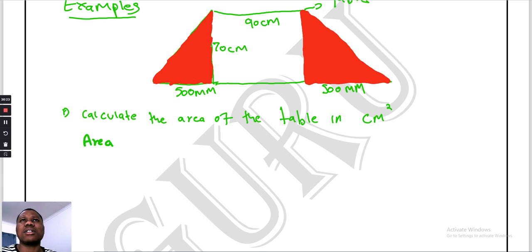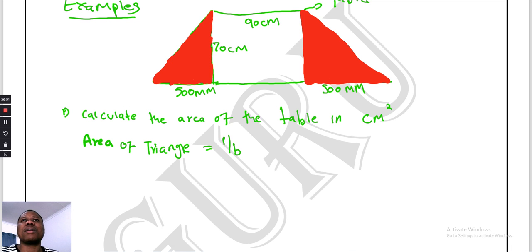The area of a triangle. Why am I saying triangle? Because if we combine the two right angle triangles we're going to end up having a triangle. Now how do we calculate it? The area is equal to half base.